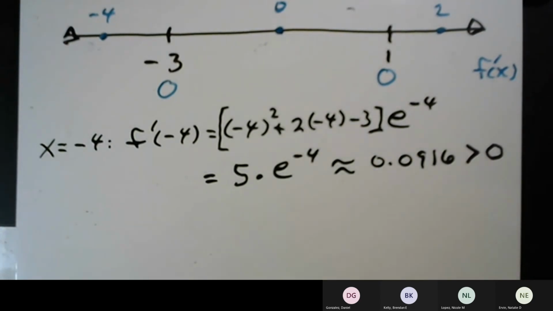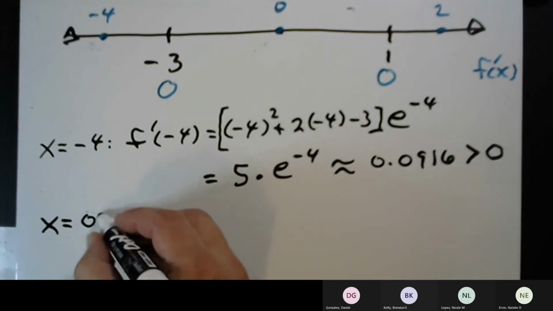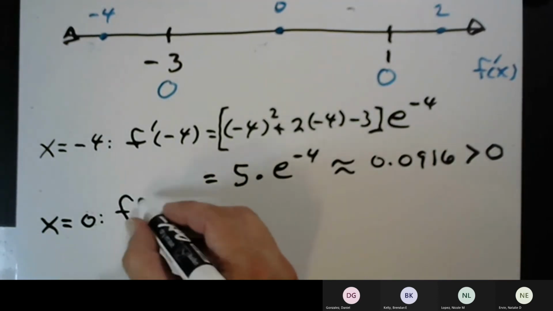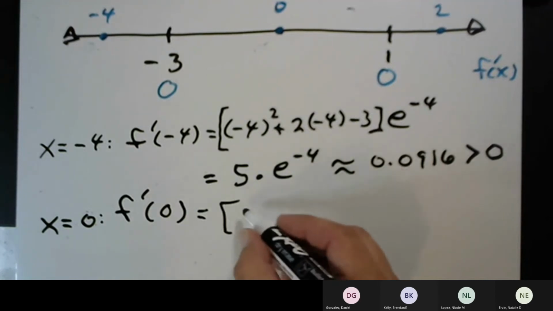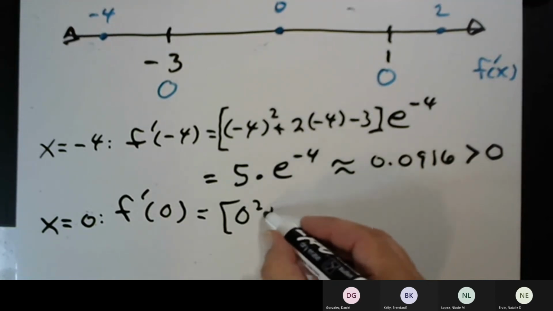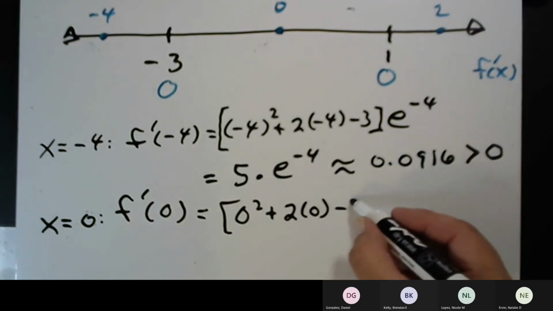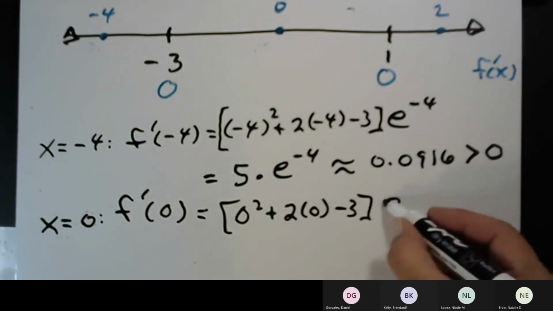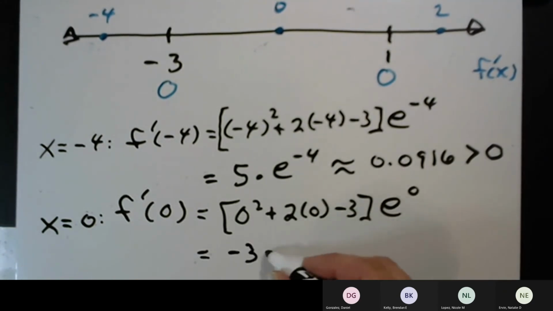Now let's take a look at the next one. x is 0. So f prime of 0 is 0 squared plus 2 times 0 minus 3 e to the 0. E to the 0 is 1, so this will be negative 3 times 1.